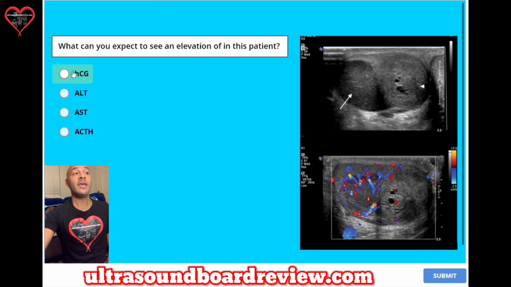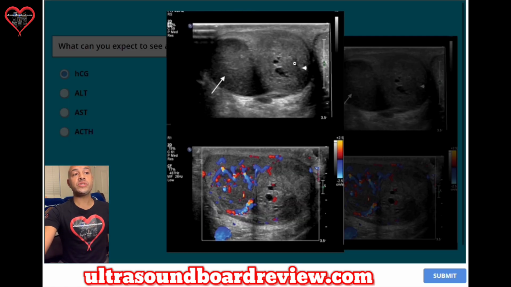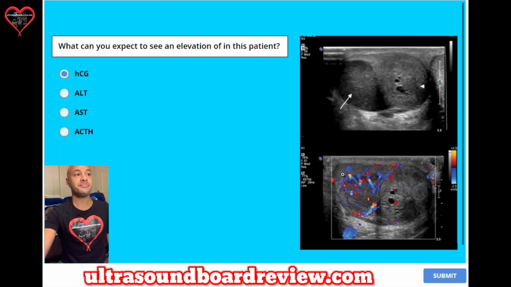The answer is A, HCG. This ultrasound represents a patient who has a malignant intratesticular tumor.